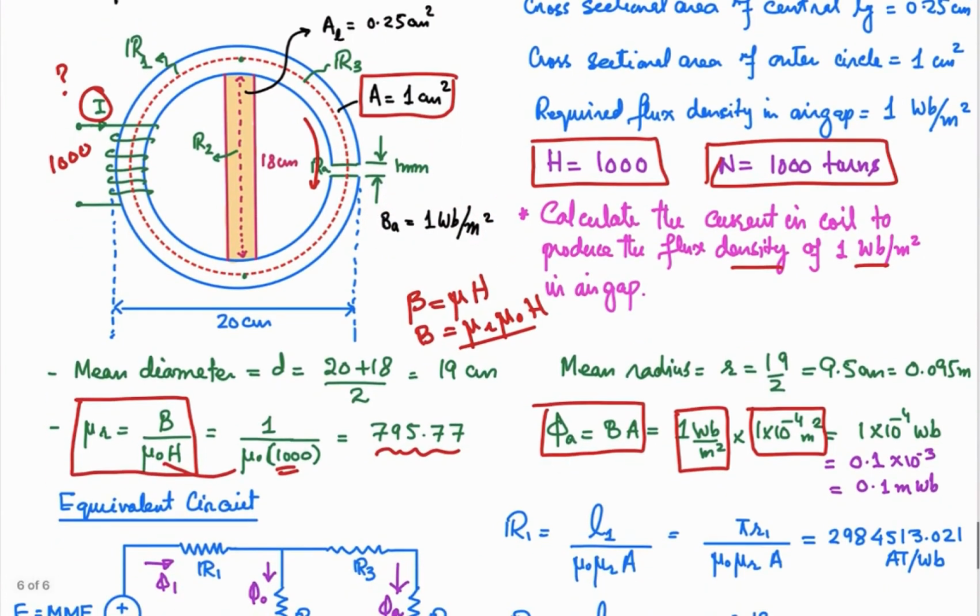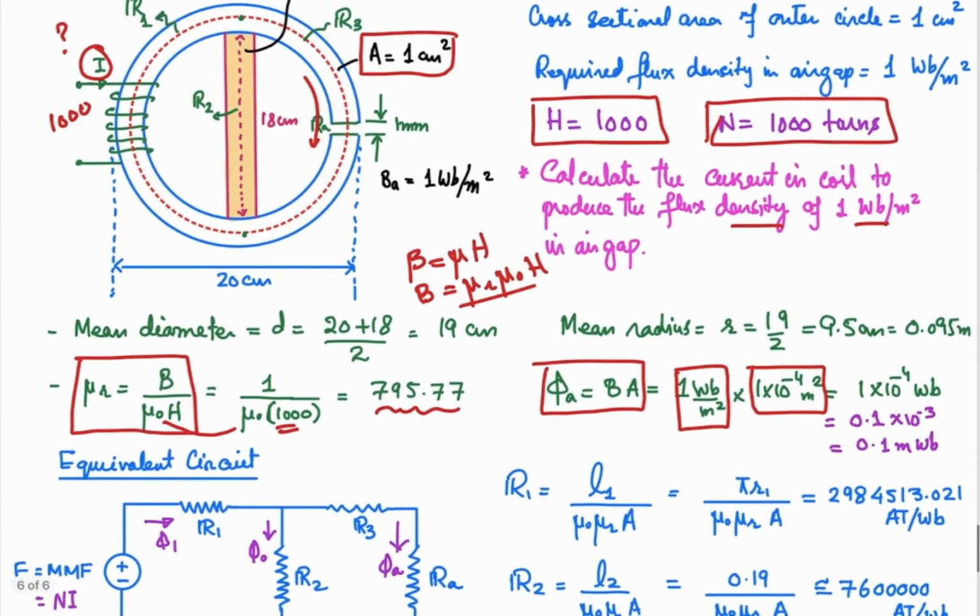Okay, now let's draw the equivalent circuit of this one. We have this core. So what will be the reluctance of this part? That will be calculated from this length, starting from this central point to this central point. 18 centimeter is the length from here to here, 0.5 centimeter over here, the mean, and 0.5 centimeter over here. So total is 19 centimeter.